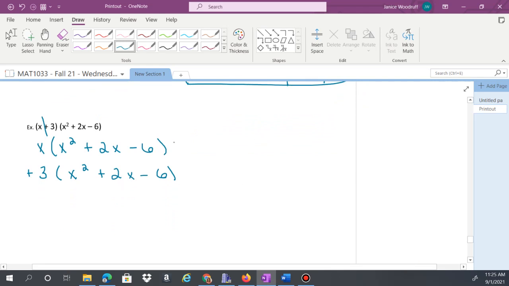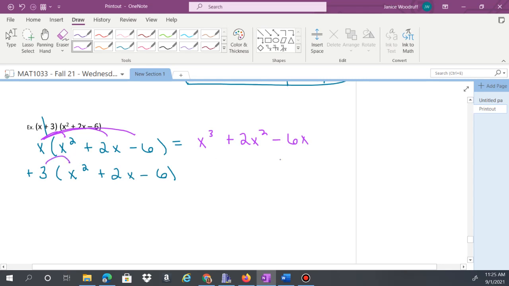So when I multiply the x times each term, I am going to get, let's see here, x times x squared. I'll add an x there, so that's going to be x cubed. x times 2x will give me a 2x squared. Then x times negative 6, negative 6x. Then I'll distribute the 3.